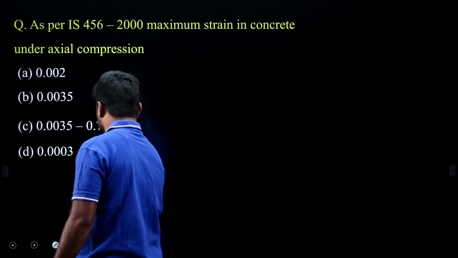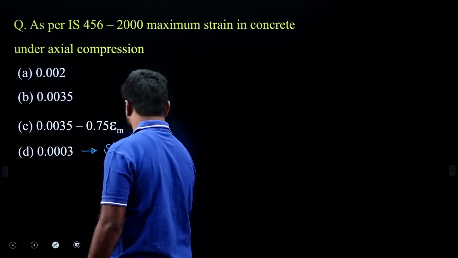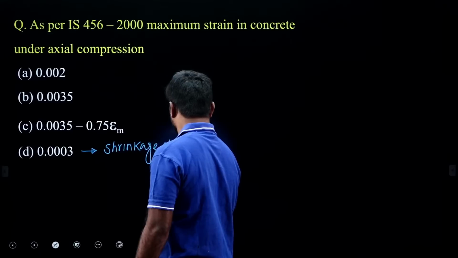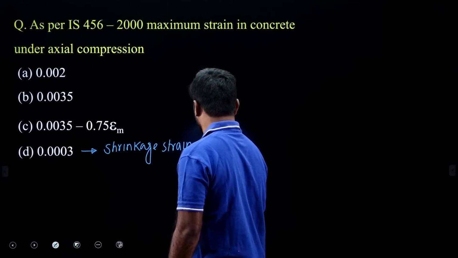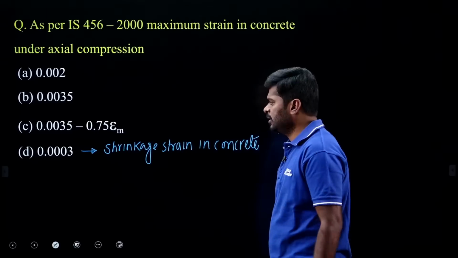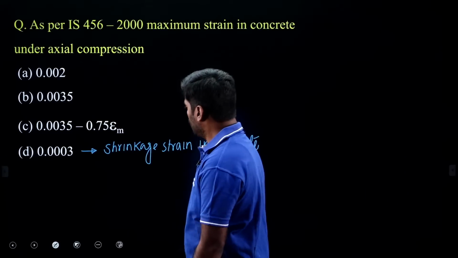If you observe option D, it is the shrinkage strain in concrete. As per IS 456-2000, shrinkage strain will be 0.0003.